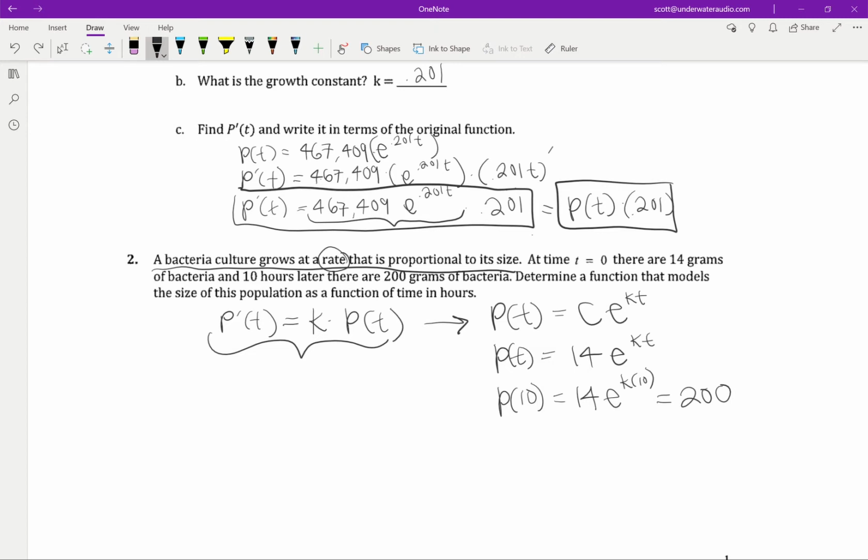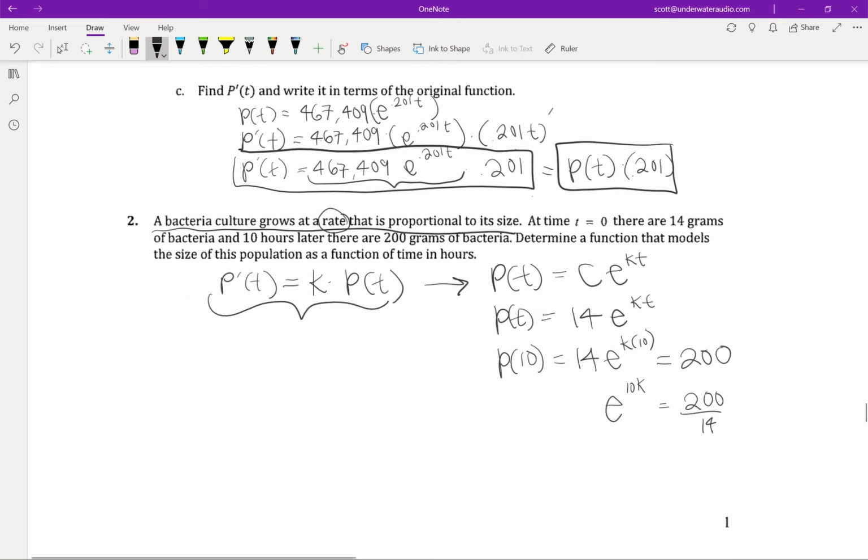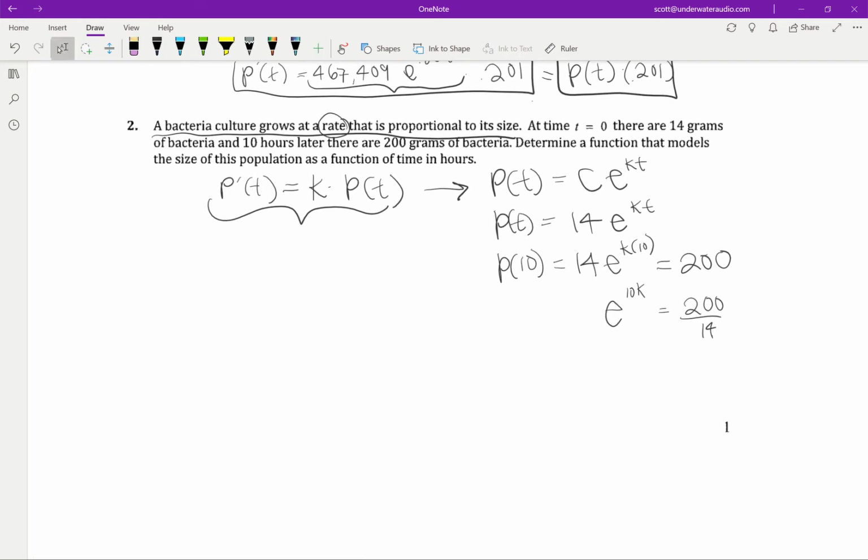I need to find k. So I think I want to get k by itself. The first thing I'll do is consolidate the constants. So that would be e^(10k) equals 200 divided by 14. And then to get rid of an exponential like this, I do a natural log on both sides.